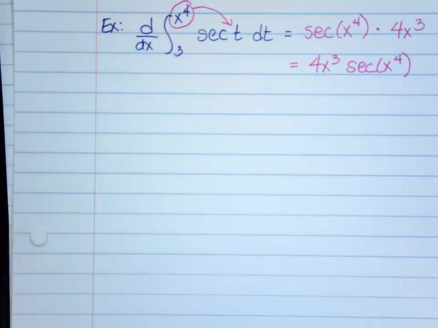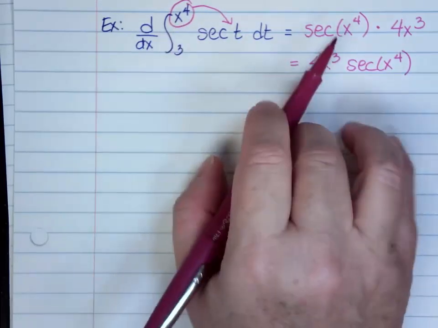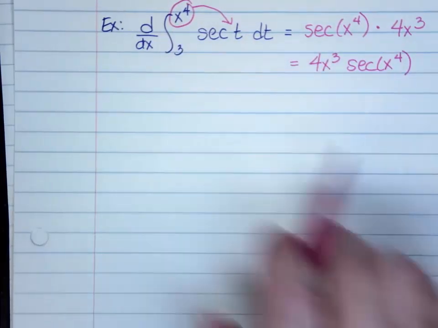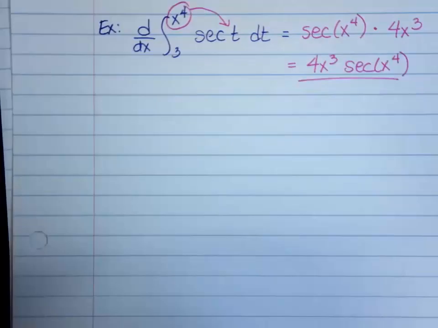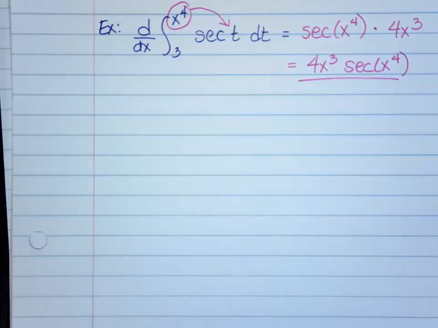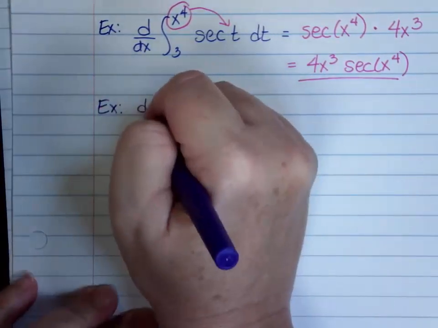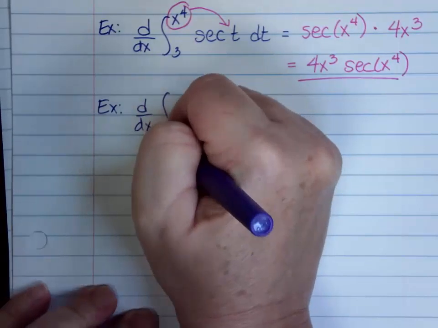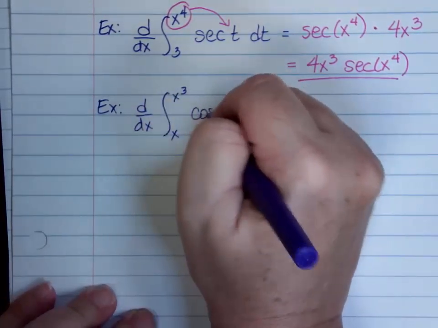Now, you could think of the old ones the same way. I don't care what x this is. You plug it in and you take its derivative. If that was just a plain x, you would plug it in and multiply by 1. The last variation is this. d/dx of the integral from x to x to the 3rd of cosine t dt.